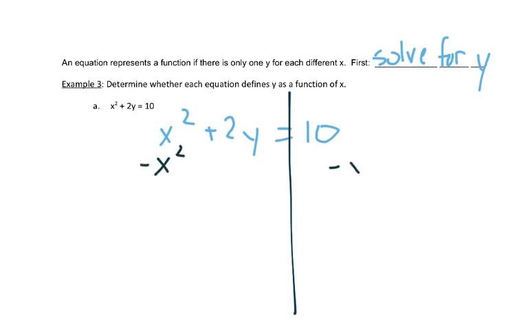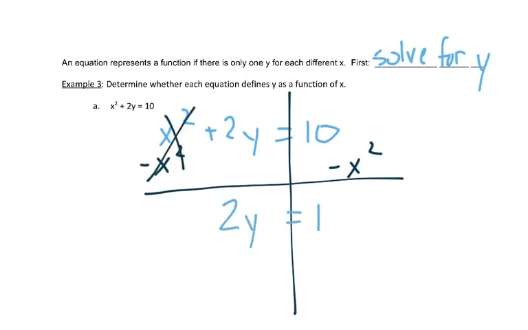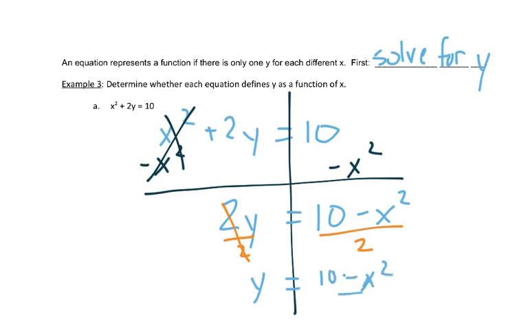So I'll subtract x squared from both sides. And that leaves me with 2y equals 10 minus x squared. Then I would need to divide both sides by 2. So I get y equals (10 minus x squared) over 2.